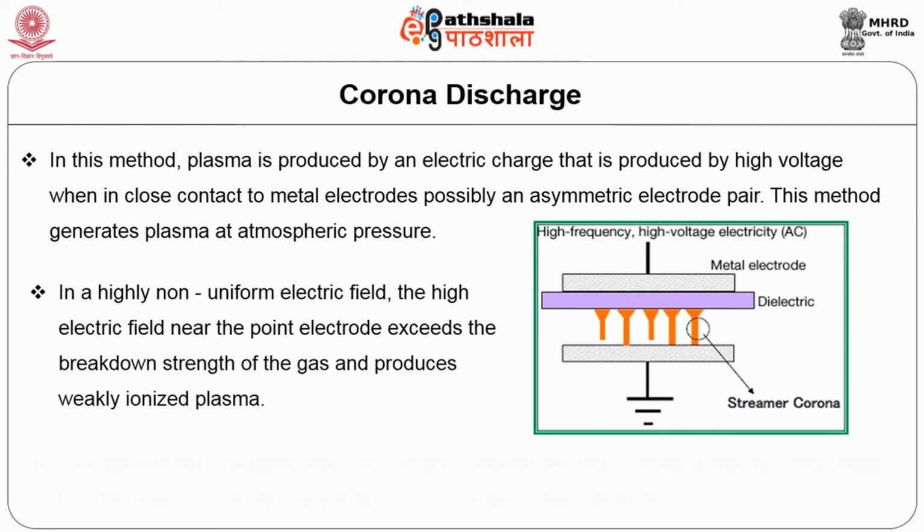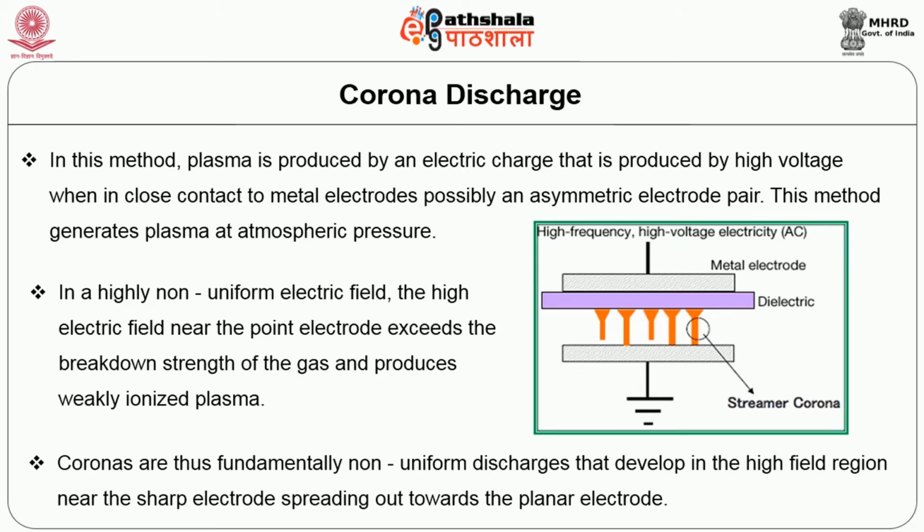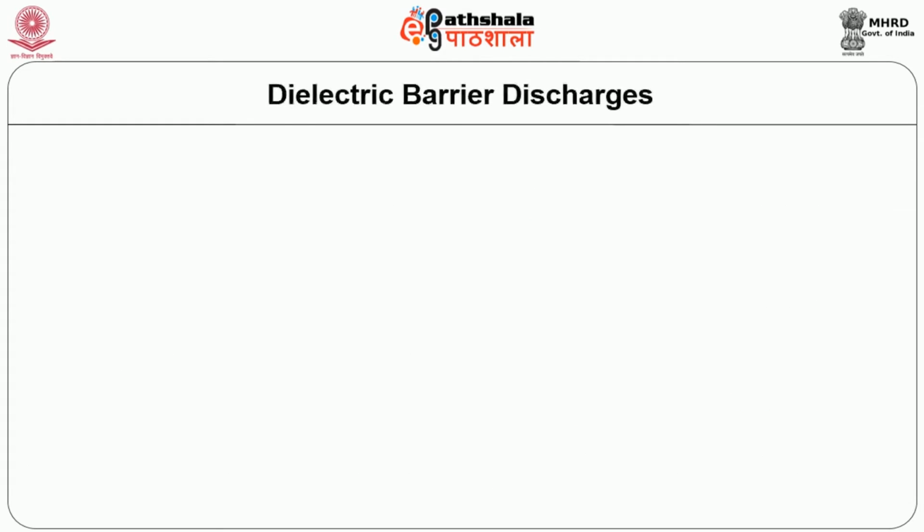In a highly non-uniform electric field, the high electric field near the point electrode exceeds the breakdown strength of the gas and produces weakly ionized plasma. Coronas are thus fundamentally non-uniform discharges that develop in the high field region near the sharp electrode, spreading out towards the plane electrode. The second method is dielectric barrier discharge.